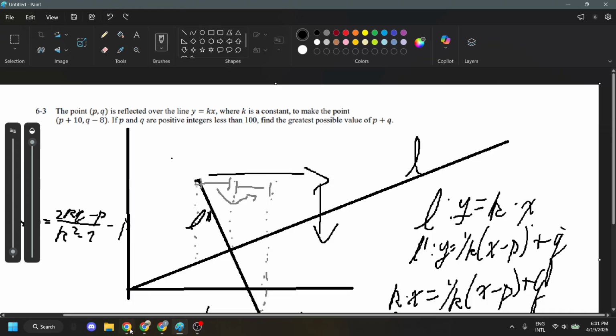We want to make the value be furthest like this. So what's the greatest possible that is less than 100? So I can mold k to my liking. K could be anything it wants.